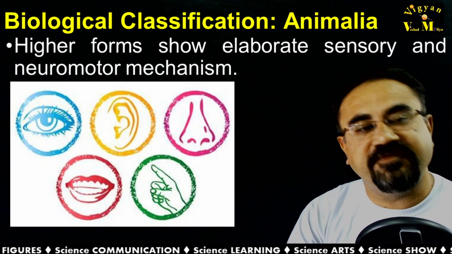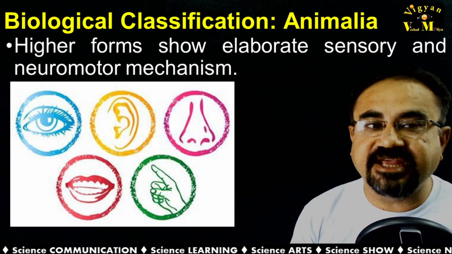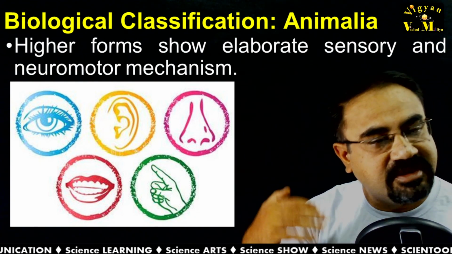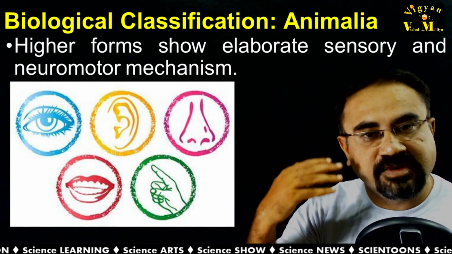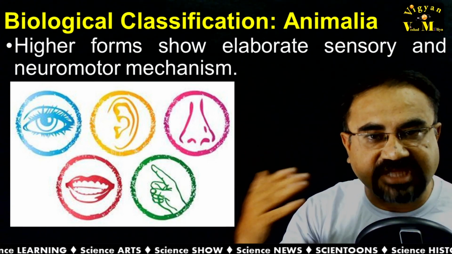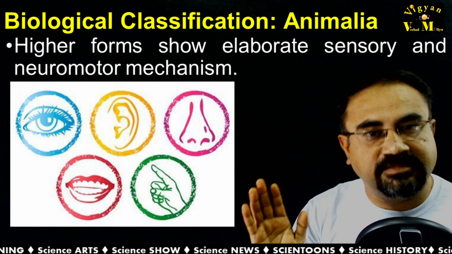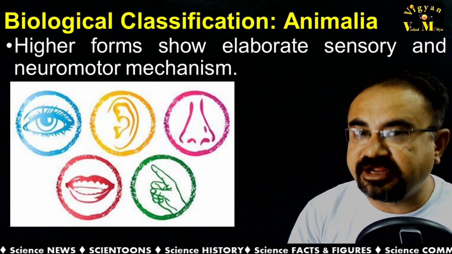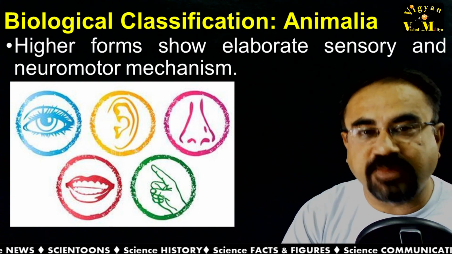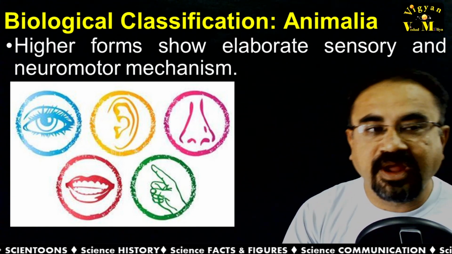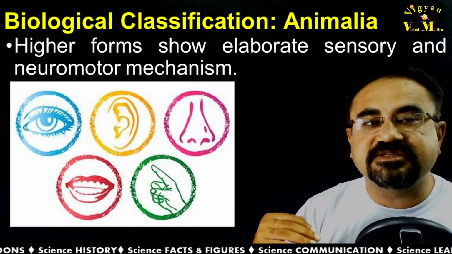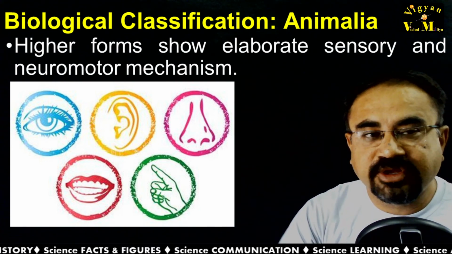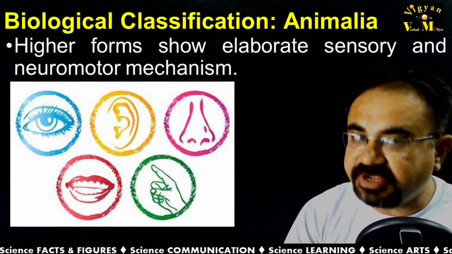Higher forms have elaborate sensory as well as neuromotor mechanisms. In the sensory mechanism, they have sensing for light, sense for sound, sense for touch, temperature, pressure, and chemical senses by taste also. And with these senses, they have the capacity to react also, that is through the neuromotor mechanism.